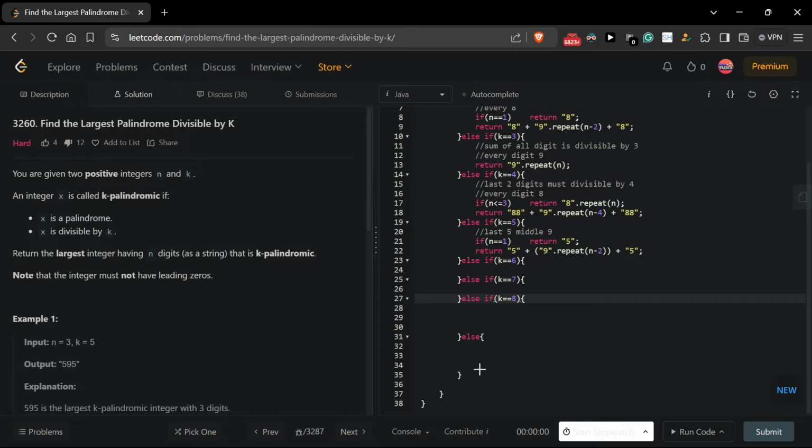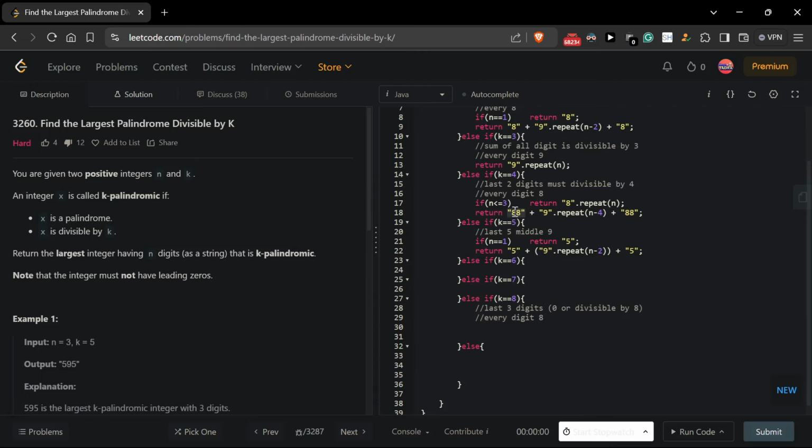Next we have 8. The divisibility rule for 8 is that the last three digits either can be 0 or can be 8. We want to make the largest palindrome, so we will pick 8. So we want to pick 8 for the last three values.